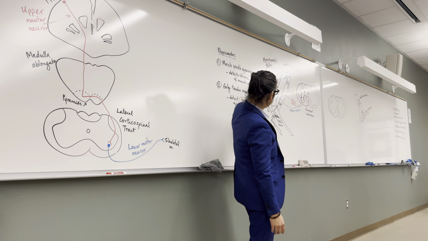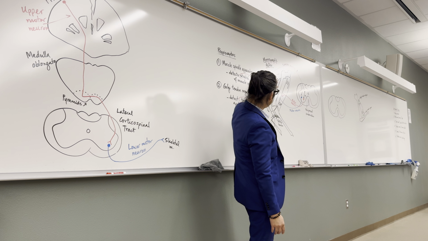Okay? This neuron originates there. The axon moves down along all this area, all the way down on the same side, as it moves down this area of what we call the medulla, the medulla oblongata. Okay?